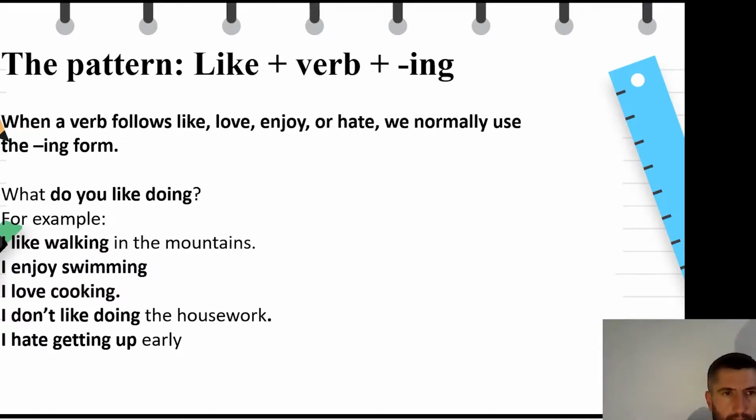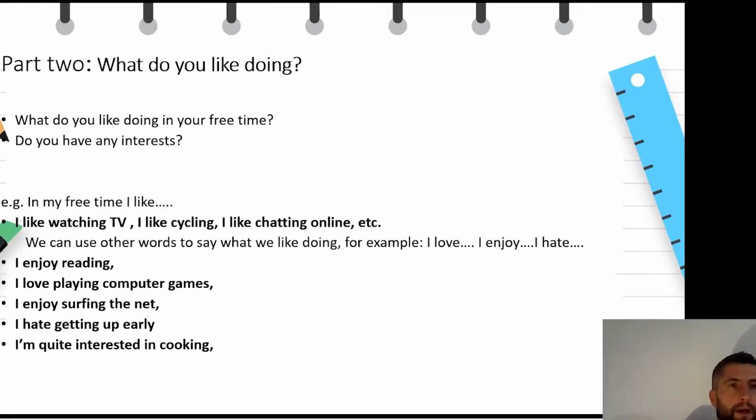Okay, let's continue. In part 2, we will look at what you like doing. So, what do you like doing in your free time? Do you have any interests? For example, in my free time, I like watching TV. I like cycling maybe.